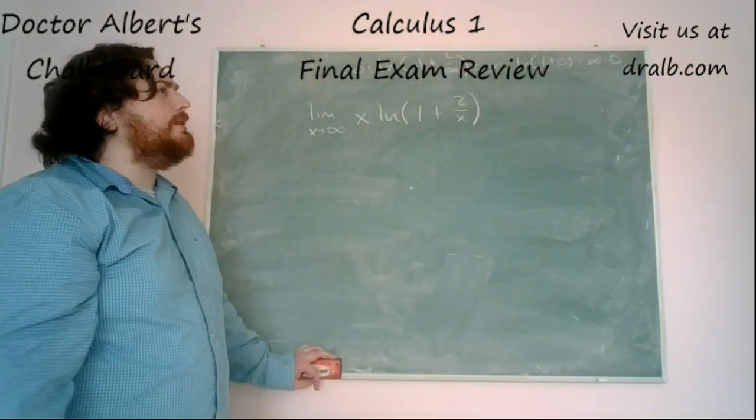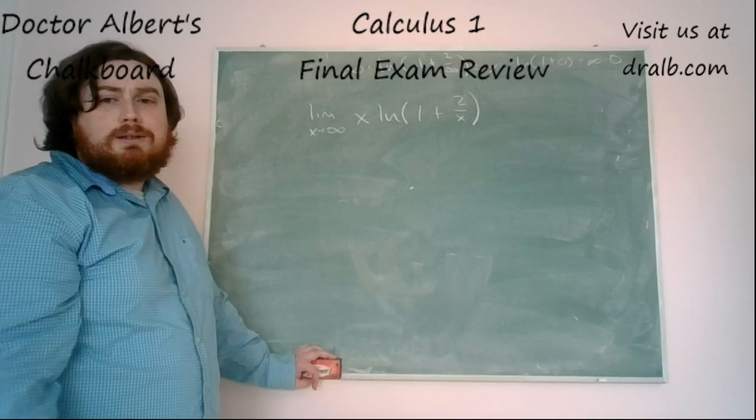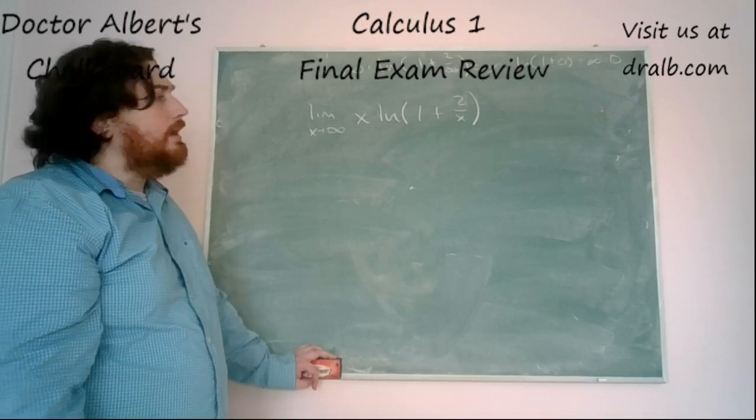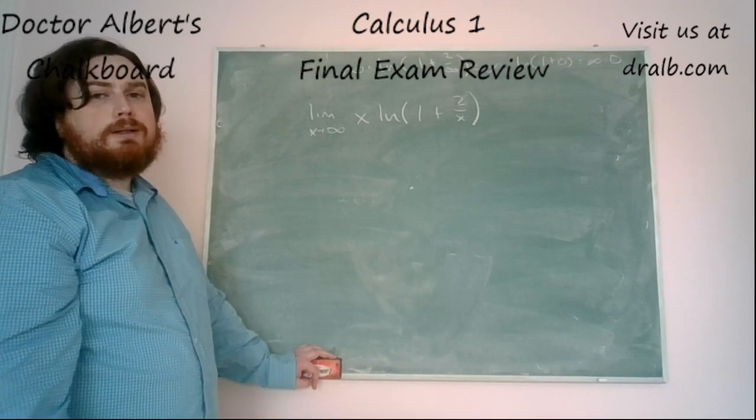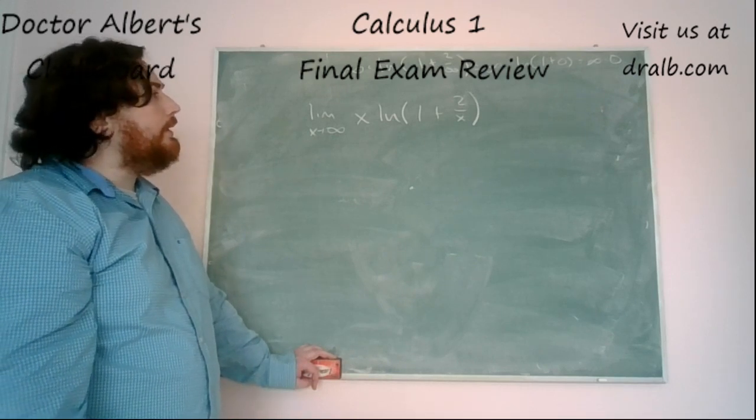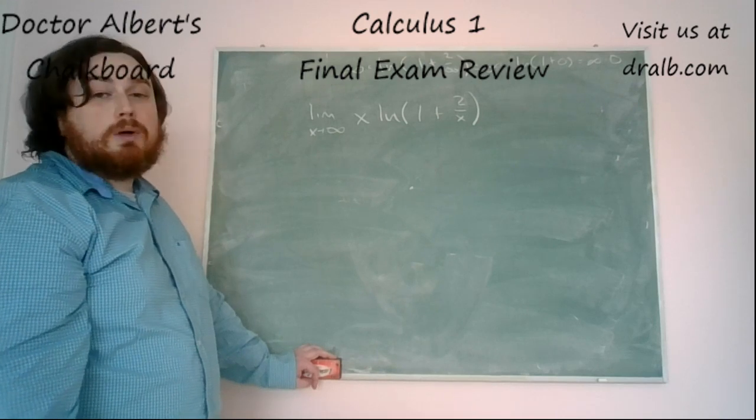Natural log of 1 is just 0. So I get infinity times 0. Therefore, we get an indeterminate form. We don't know what infinity times 0 is. So what we need to do is do some more work.